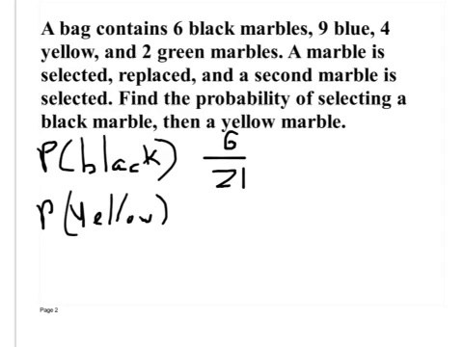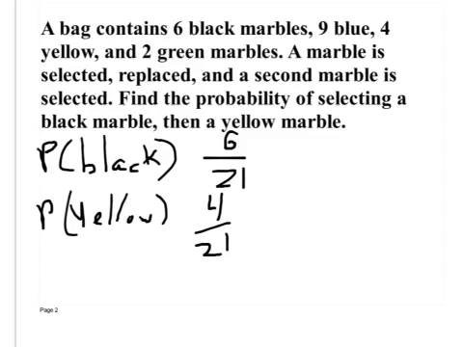Now we put the black one back in the bag. We're trying to draw a yellow one. How many yellows are in the bag? 4 out of how many total marbles? 21. Now, if they're independent events, which this is because they don't affect each other, then we multiply them.